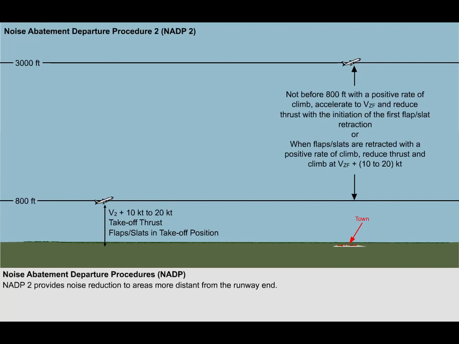Alternatively, when the flaps and slats are retracted after 800 feet, then reduce thrust and climb at VZF plus 10 to 20 knots up to 3,000 feet. On reaching 900 meters, 3,000 feet, above aerodrome level, transition to normal en route climb speed.